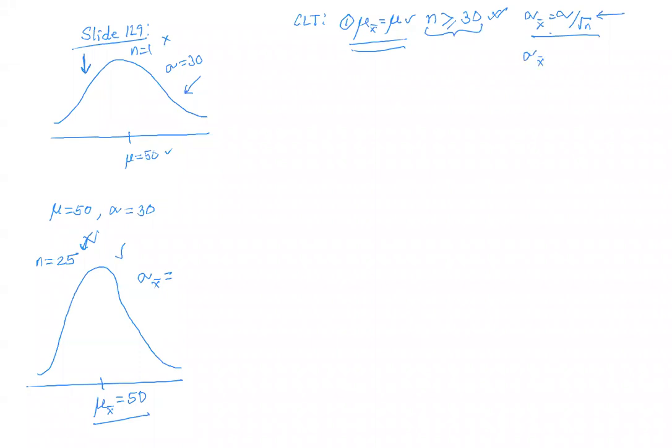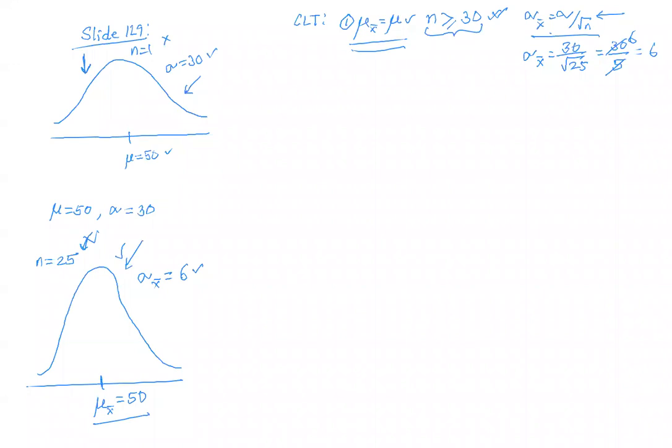Now, if that is the case, then we could accept this one too, which someone was calculating. Sigma sub x bar is going to be equal to sigma, which is 30, divided by square root of the sample size, which is 25. So 30 over square root of 25, which is 5. That's going to give you 6, because 5 goes into 30 6 times. So sigma sub x bar is equal to 6. And you can see this has a lower standard deviation, which means this graph should be narrower, bell-shaped yet narrower.